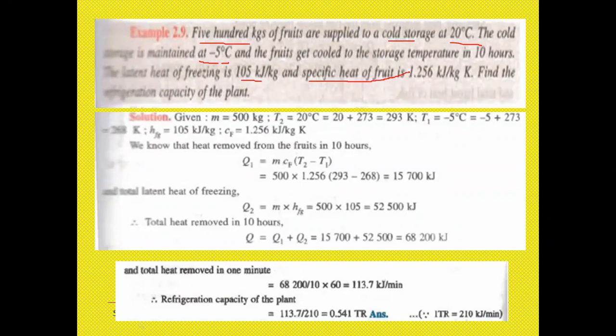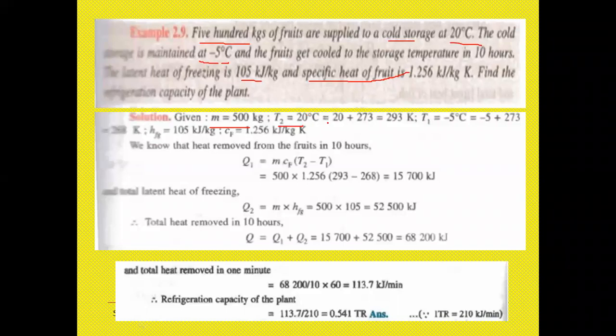Now see the problem here. First write the given data. M is equal to 500, since it says 500 kgs. Now what is the cold storage capacity? Cold storage capacity is 200.